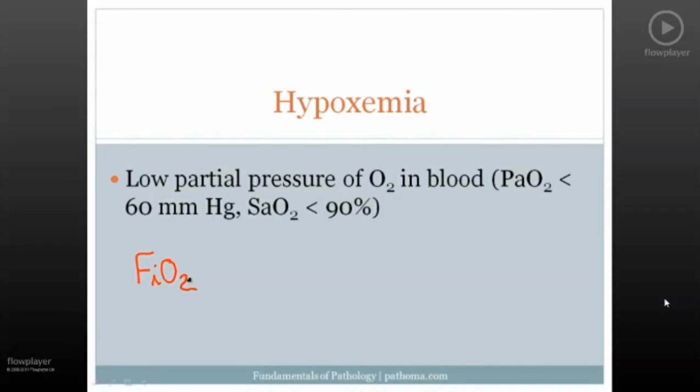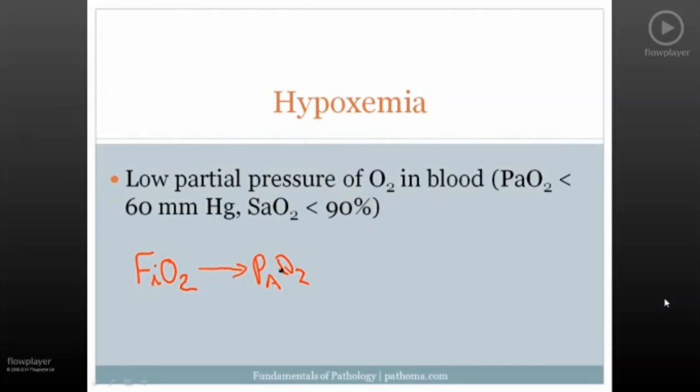This is really the fractional percentage of oxygen within the atmosphere. And the goal of the lungs is to bring that FiO2 into the alveolar air sacs and to create something called the PAO2, which is the partial pressure of oxygen within the alveolar airspace.